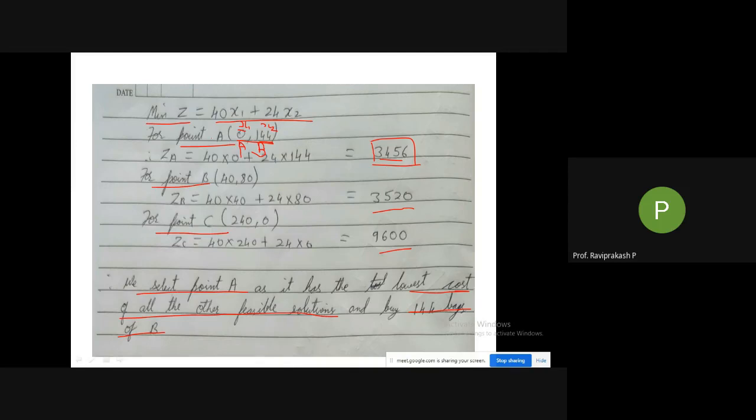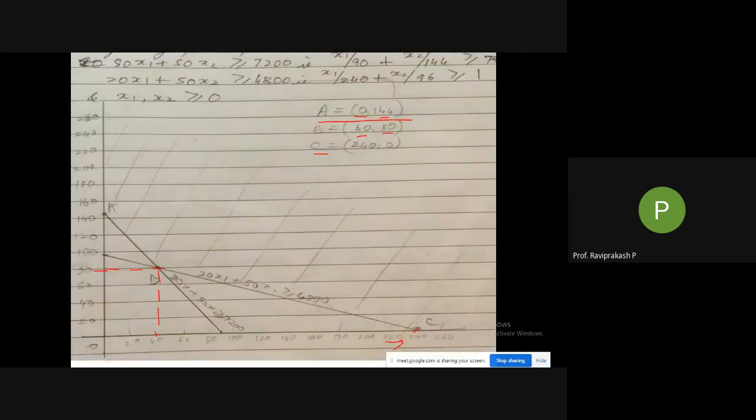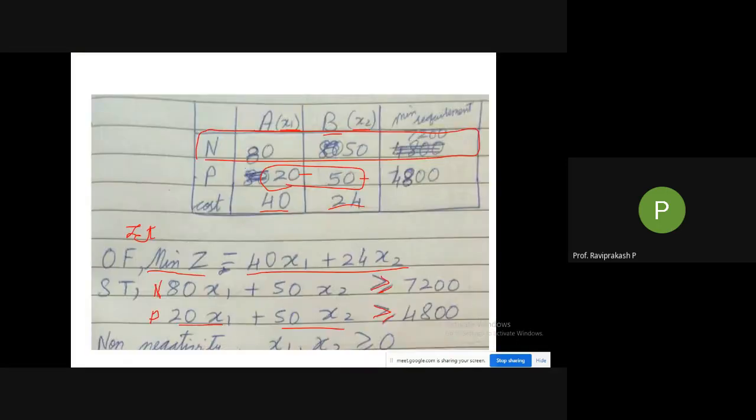As I'm choosing point A because it is the lowest value that I am getting, this will tell me how much to buy of what. So 0, I should not buy any bags of product A, but I should buy 144 bags of product B, with which I'll have my required solution, that is getting more than 4800 of phosphate, and getting more than 7200 of nitrogen.